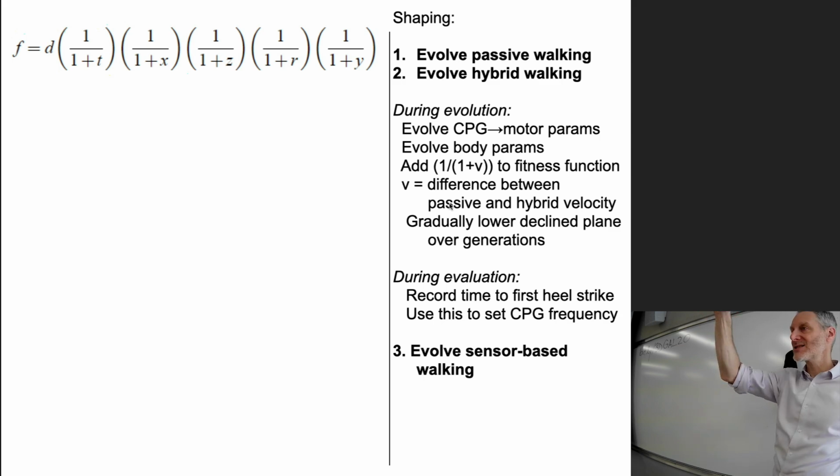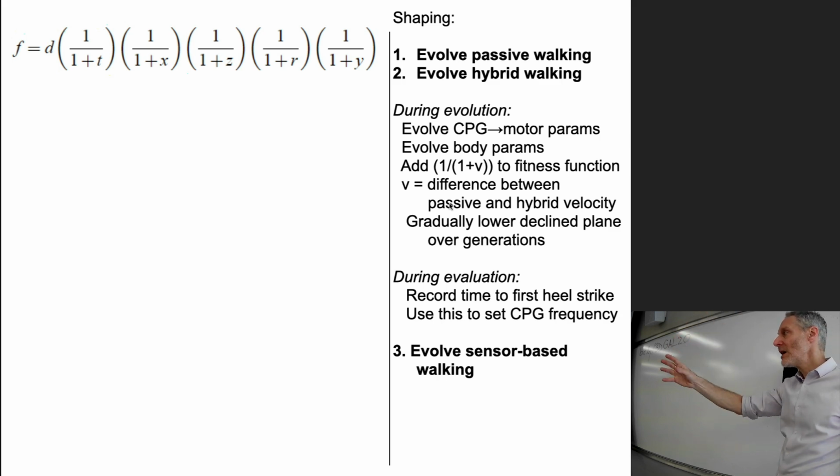They're going to put that same robot back at the top of this shallower decline plane, turn it on again, and maybe it's going to walk a little bit differently because from the robot's perspective, it's now in a slightly different environment, which is going to produce a different set of velocities, and they're going to take the difference between these.